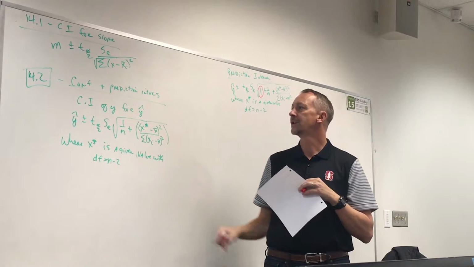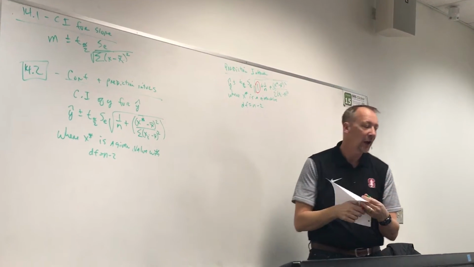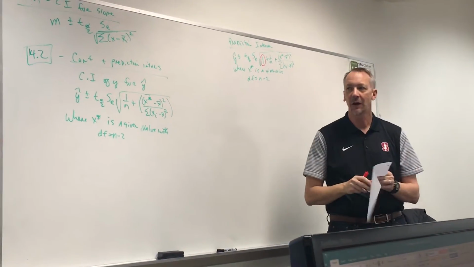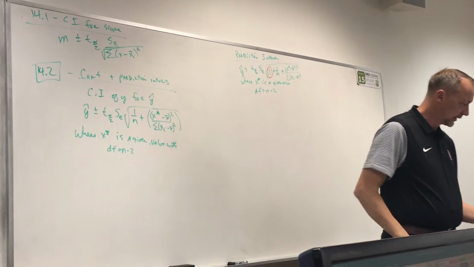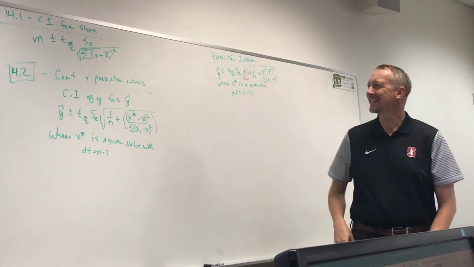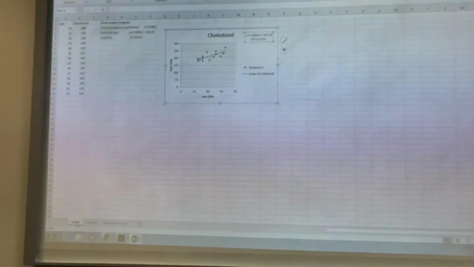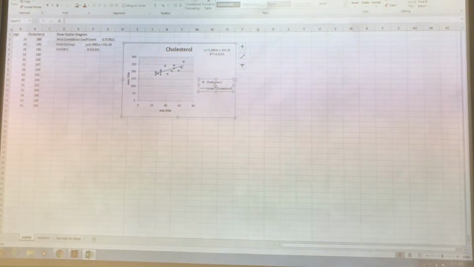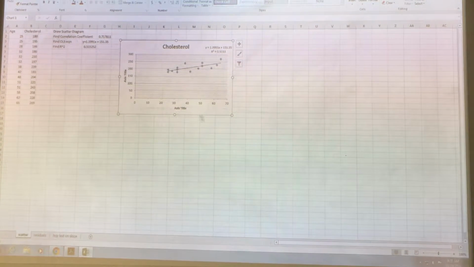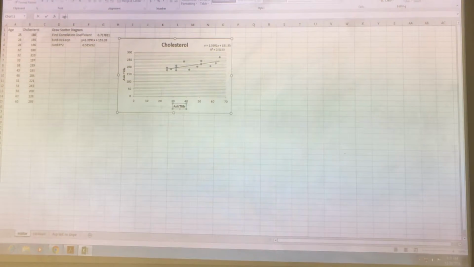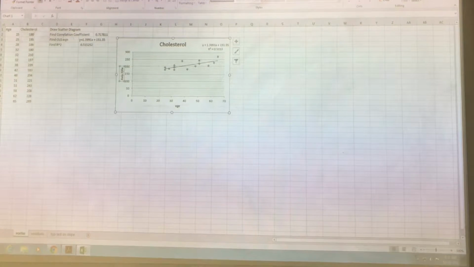So let's talk about why and how you would do this. Since we already have this spreadsheet open, let's go back to here for a second. This was age, this was cholesterol.